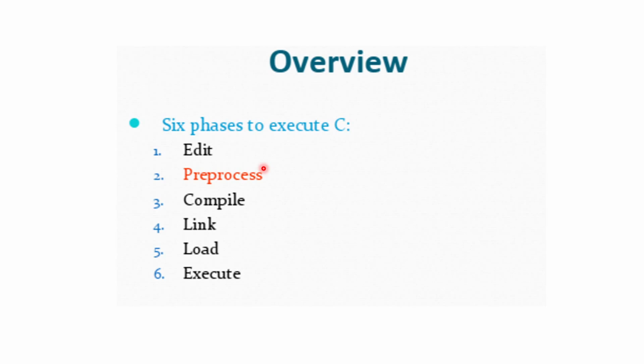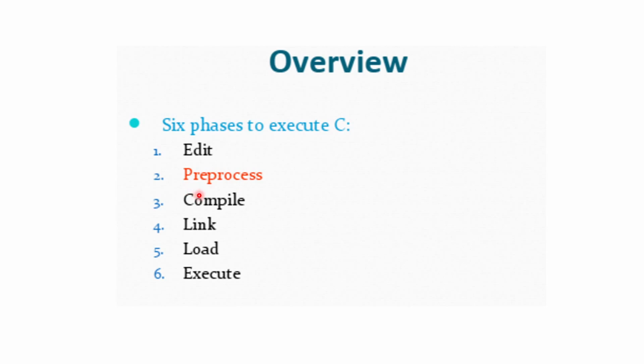So this is the actual code that you have written, and the code generated after pre-processing is called intermediate code. That intermediate code is actually compiled, to check whether it is correct or not.